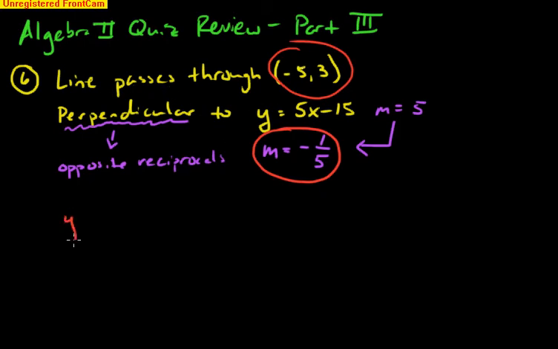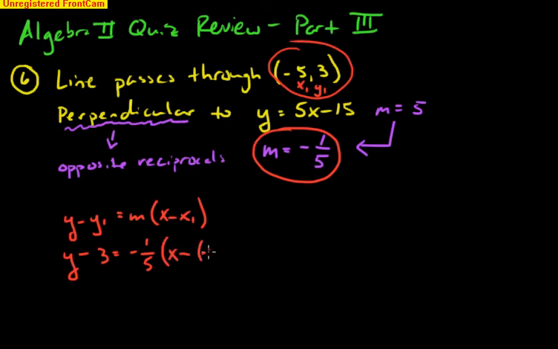So we use the point slope form, y minus y1 equals m times x minus x1. Now this is x1 and this is y1, so y minus 3 equals negative 1/5 times x minus negative 5. So a couple of things. First, we have a plus plus here, and now we must distribute the negative 1/5.